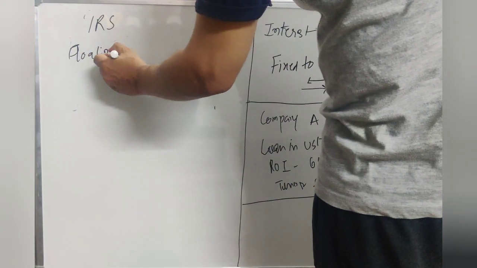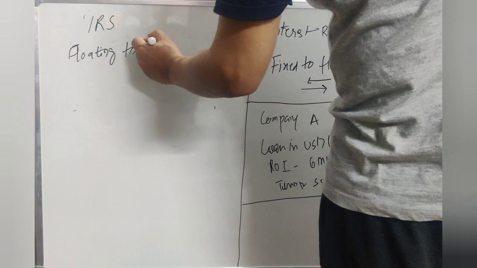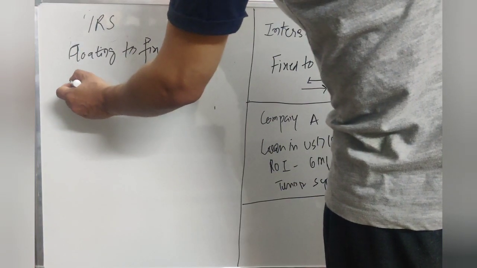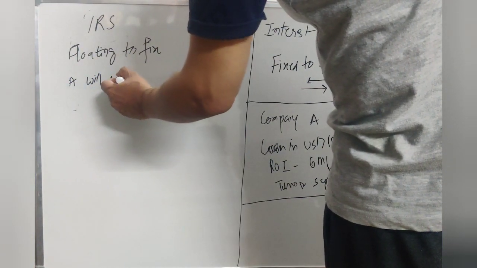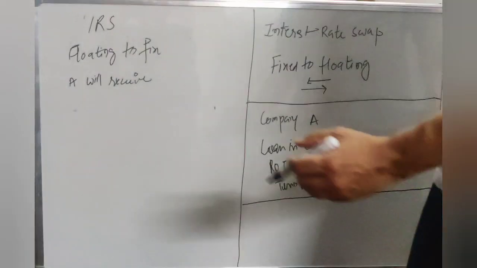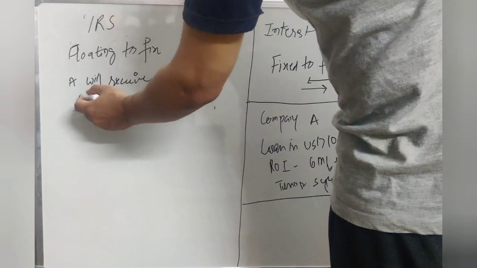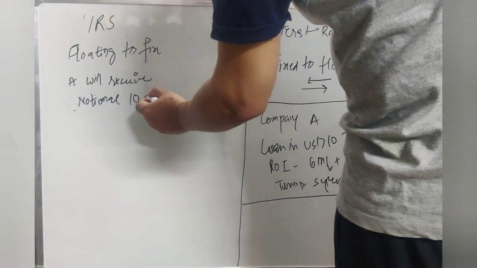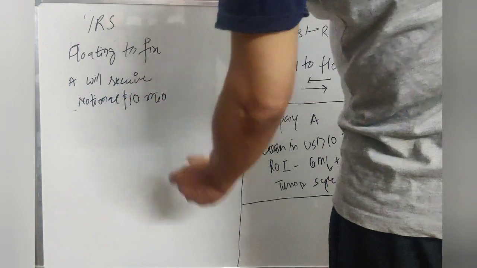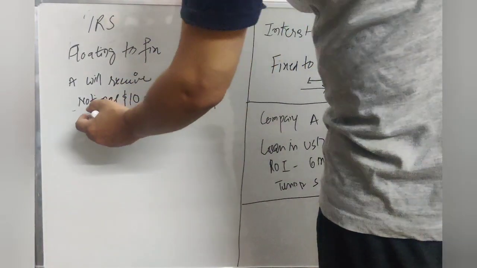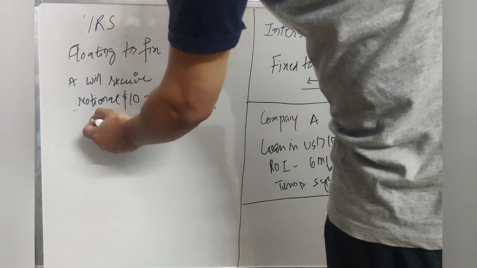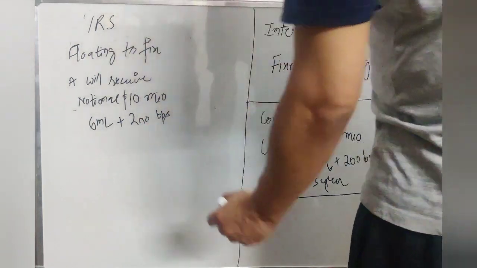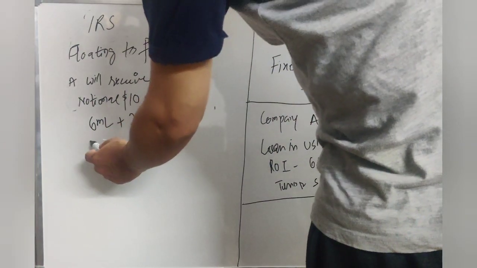The company can do a floating to fixed IRS with a bank or some financial institution, where the company A will receive, against the liability of USD 10 million notional, the floating rate, that is 6-month LIBOR plus 200 bps for the tenor of 5 years, and they will pay fixed interest rates.